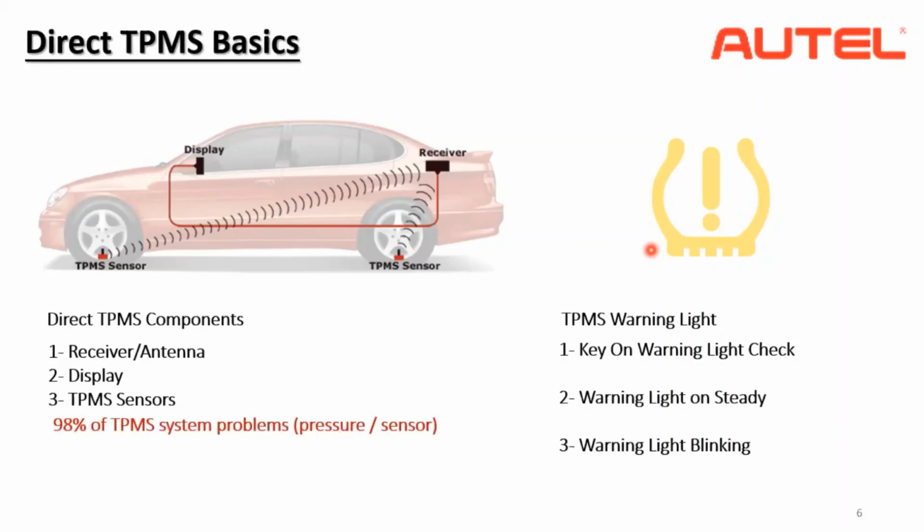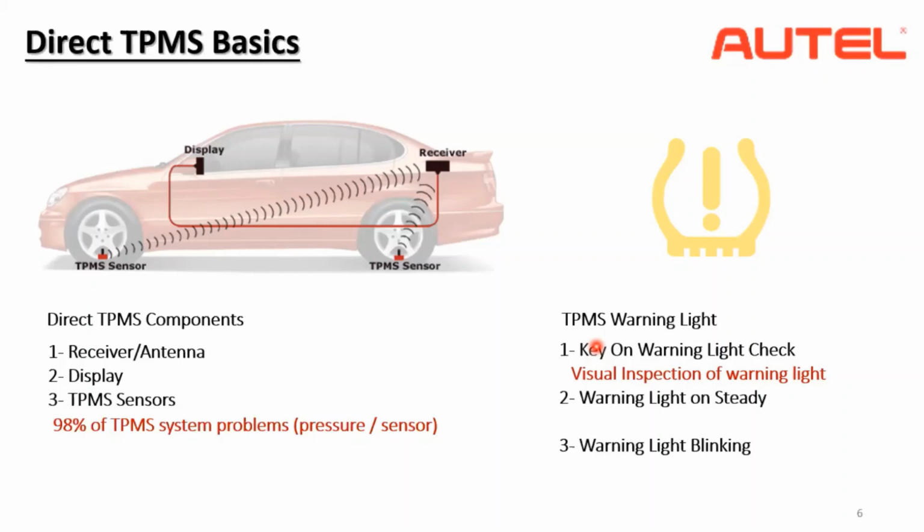98% of the time, you get the warning lamp because of loss of air pressure or a damaged sensor. And some facts to be noted about the tire pressure monitoring system warning lamp: on the first ignition key-on, during the warning lamp check, you can visually inspect the tire pressure monitoring system warning lamp.